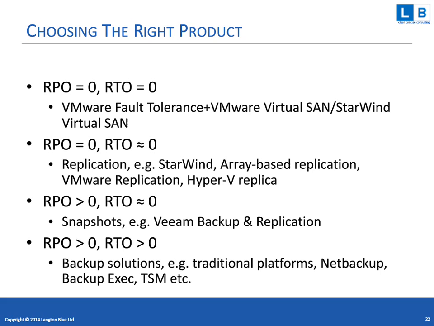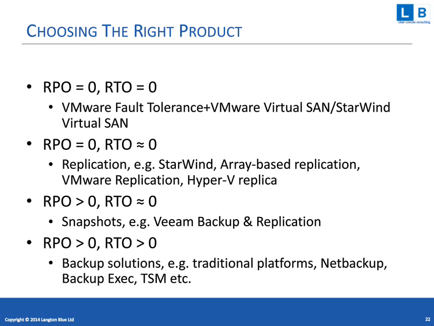The alternative is, of course, we could look at pure replication at the array level, and we would be able to still look at products like StarWind. We could use array-based replication, VMware replication, and Hyper-V replica. So that still gives us that recovery point very, very quick.